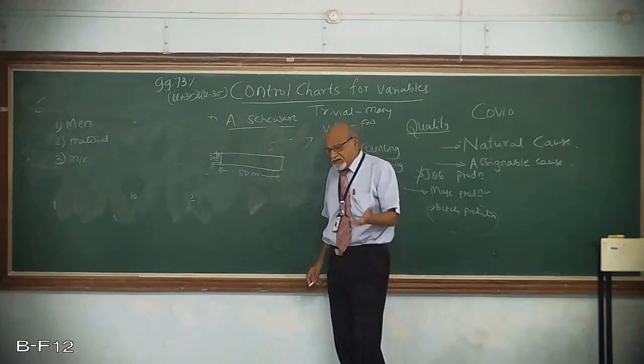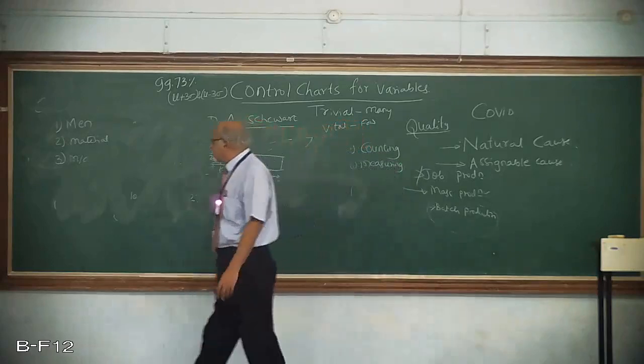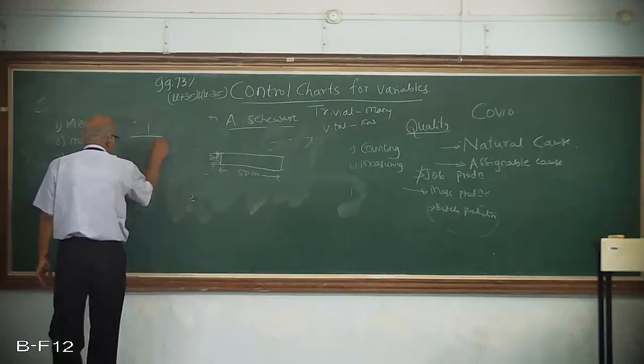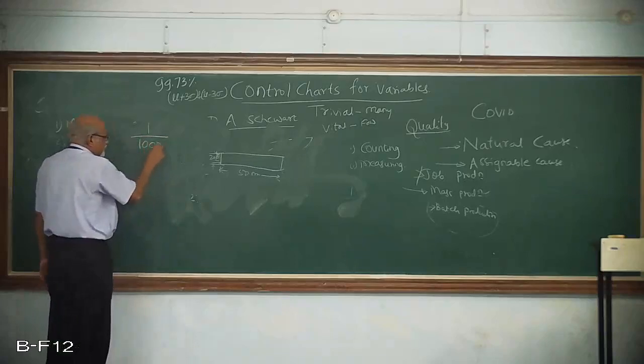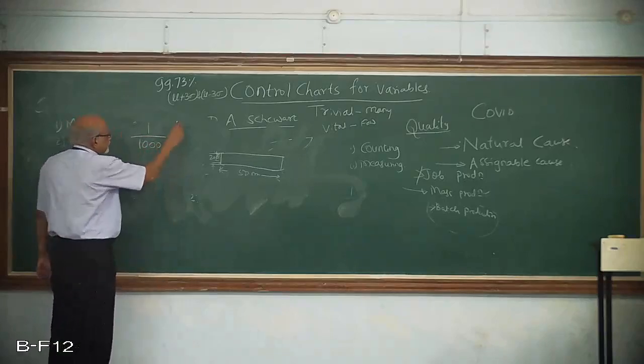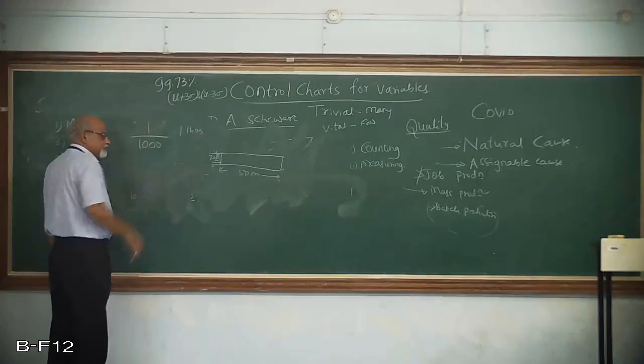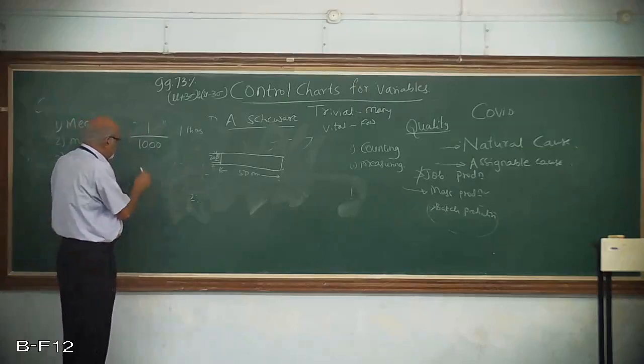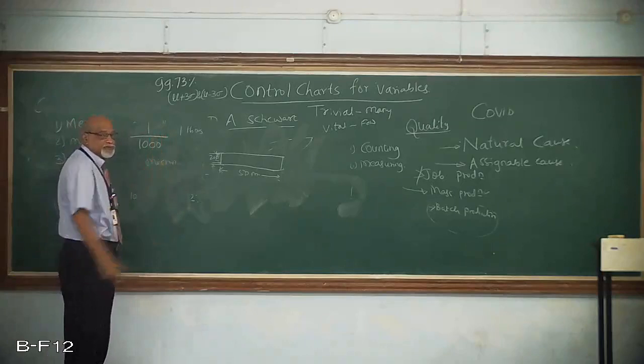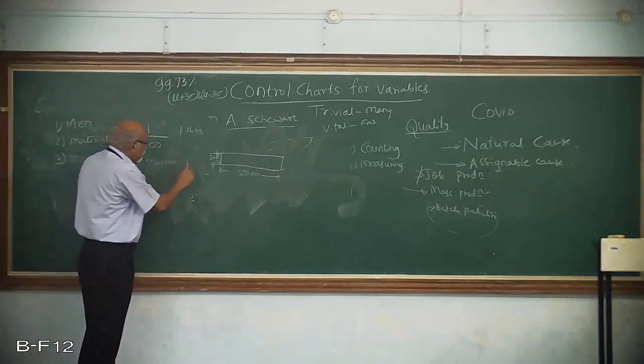Earlier it was limited to a thousandth of an inch. Just like that I am going to give you certain information. This is called a thousandth of an inch. Then we went for the micron. Micron is a thousandth of a mm.